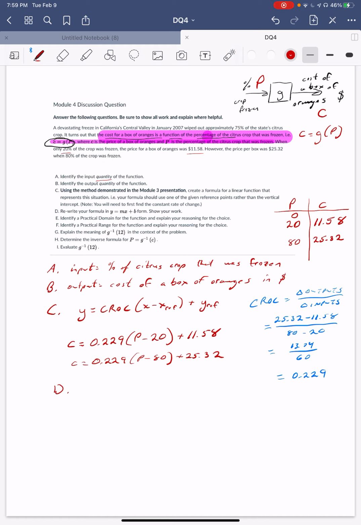I'm going to plug in 0 into my equation, and when I do that, I find the cost at 0 is equal to 0.229 times 0 minus 20, plus 11.58.